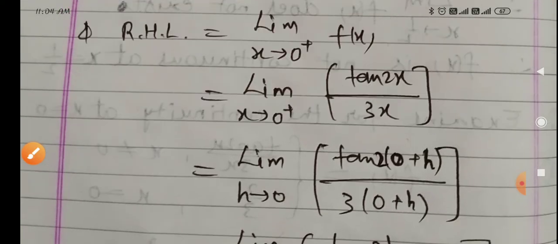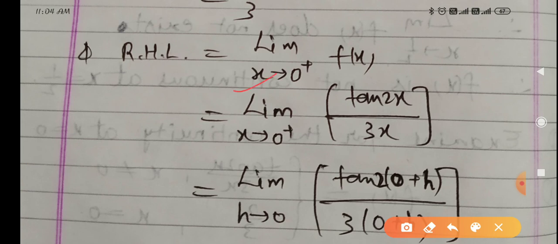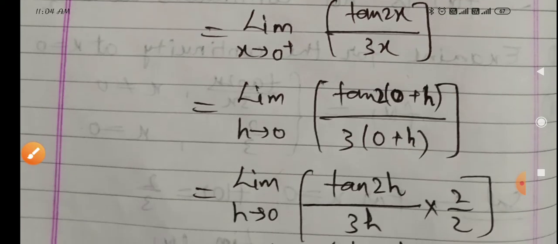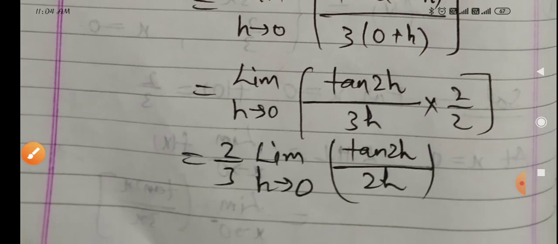In the same way for RHL, you can see limit x tends to 0 plus of f(x), that is limit x tends to 0 plus of tan 2x upon 3x, which is limit h tends to 0 of tan 2(0 plus h) upon 3(0 plus h). Here I am doing the same thing, multiplying and dividing by 2. So I am making it 2 upon 3, limit h tends to 0, tan 2h upon 2h.